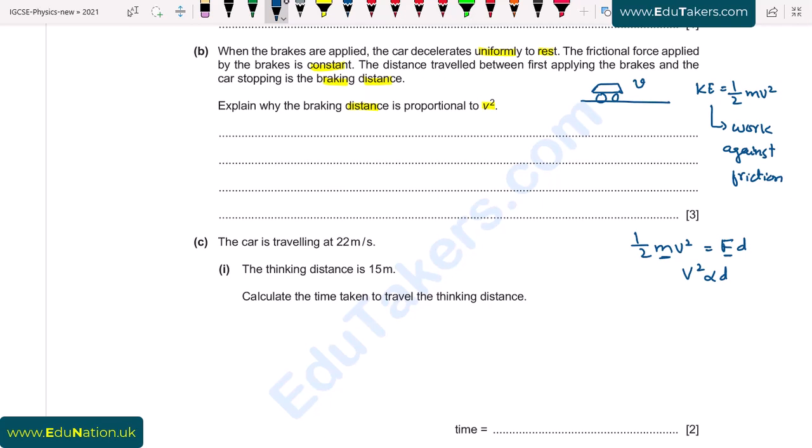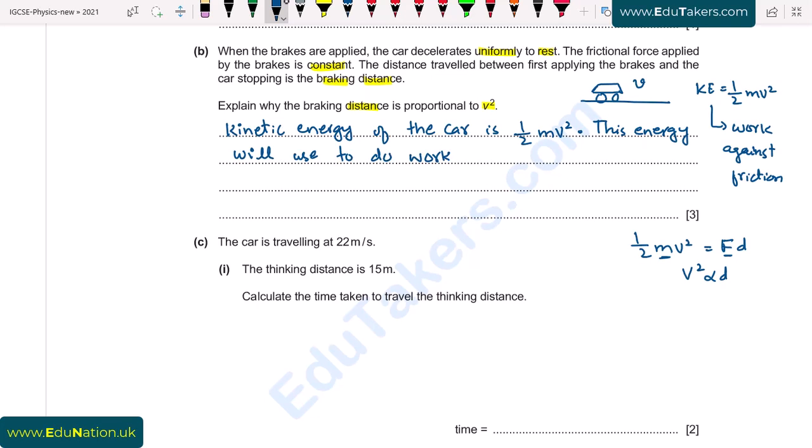So I write here, the kinetic energy of the car is half mv square. This energy will be used to do work against friction.